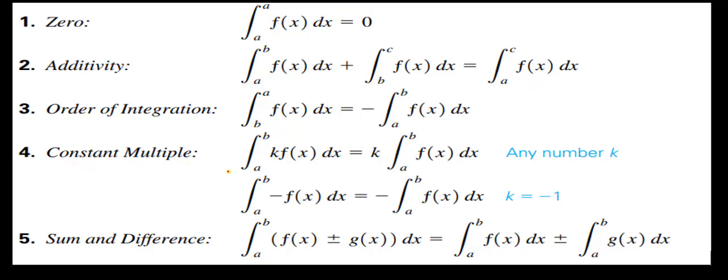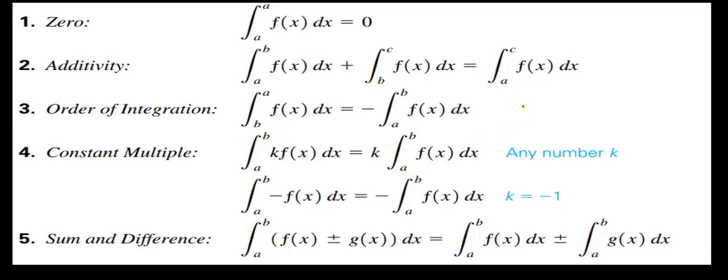Next, we have a constant multiple. Let's say k is any number, any constant. If you have the integral of k times f of x dx from a to b, that is equal to k, which you could take outside, times the integral of f of x from a to b.